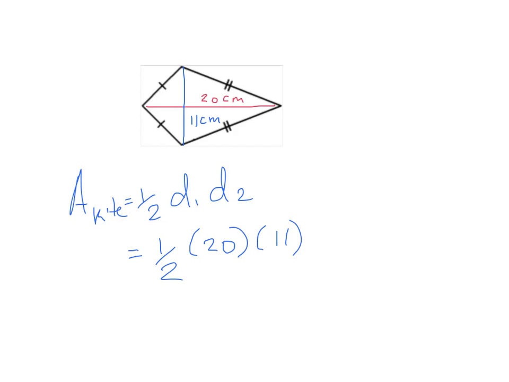It doesn't actually matter if we called diagonal 1 11 and diagonal 2 20. And then when we work that out, we get 110 centimeters squared. So that's the area of this kite. And that's how you do it.